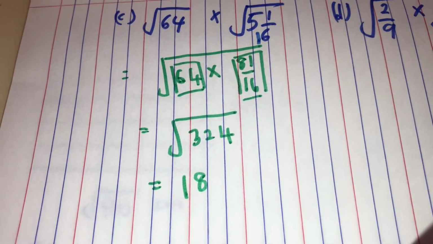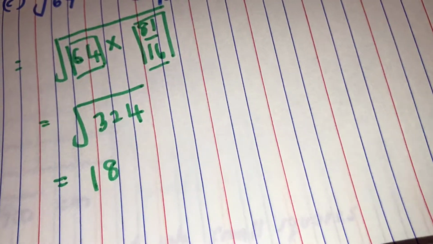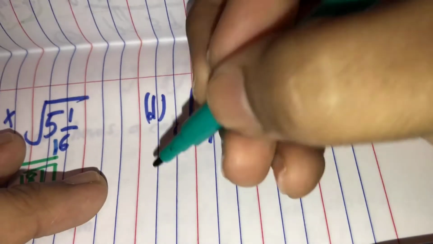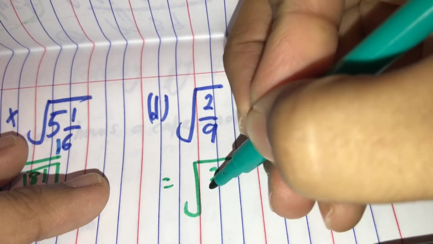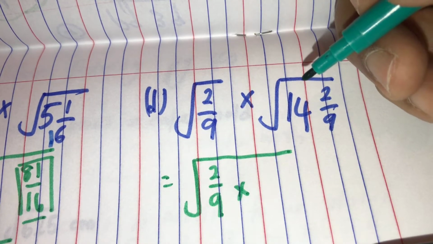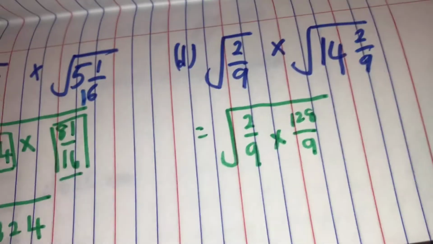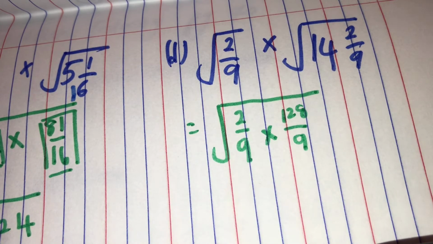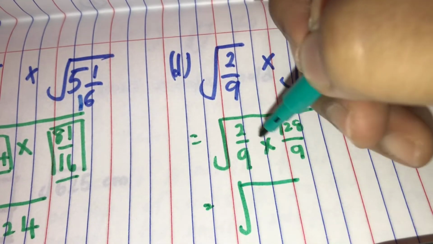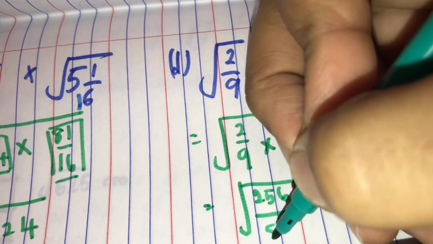Okay, question D is also the same as this. First, if the question involves a mixed number, you have to change the mixed number into an improper fraction. Then you can square root 2 over 9 times 14 and 2 over 9, which is 14 times 9 plus 2, you get 128 over 9. Then multiply as usual, 2 times 128, you get 256, and 9 times 9, you get 81.